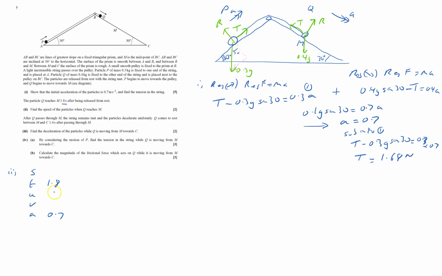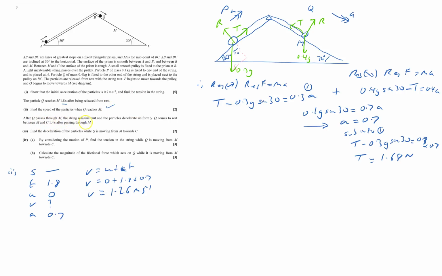The initial velocity is from rest, and so I can work out what the final velocity is. I don't care about s. So I've got v equals u plus at. So v equals 0 plus 1.8 times by 0.7, and v equals 1.26 meters per second. So I've done that bit.